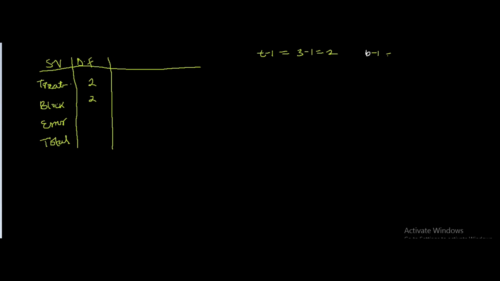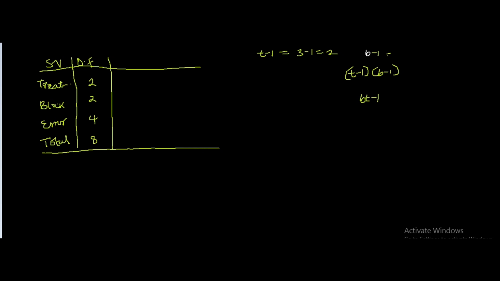For our error, it is T minus 1 times B minus 1. So this is 2, this is 2, and 2 times 2 is going to give you 4. Now for total, we are going to add all of this together. So if you add this, we are going to have 8. So total, we have BT minus 1, and B is 3, T is 3. 3 times 3 is 9. 9 minus 1 will give you 8. So this is for total.